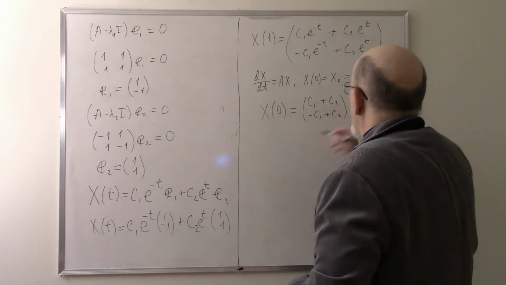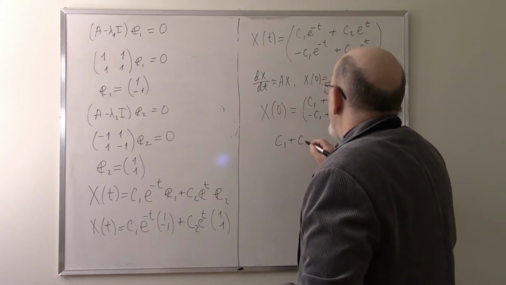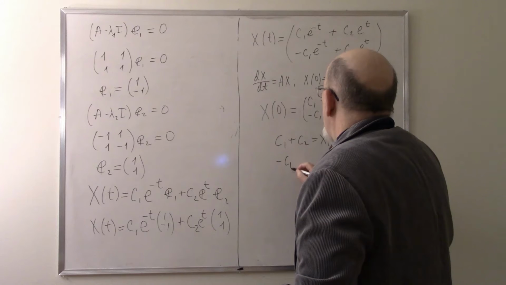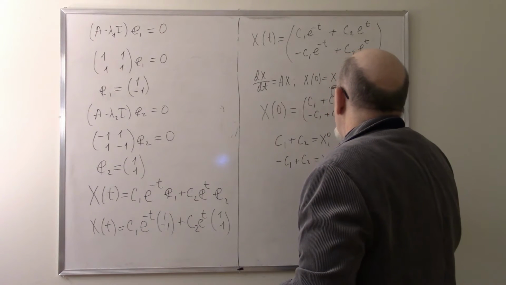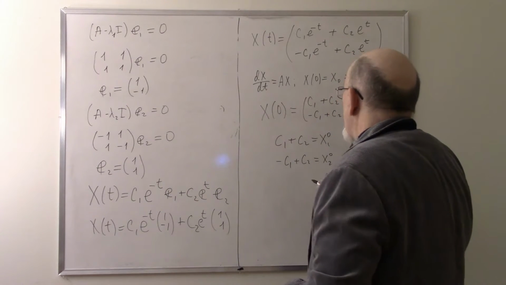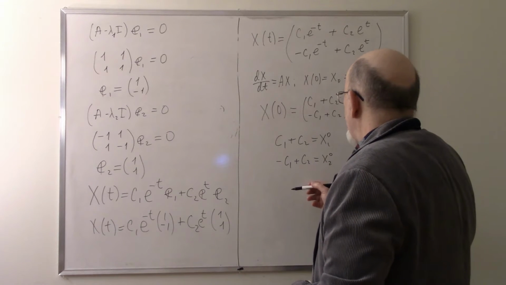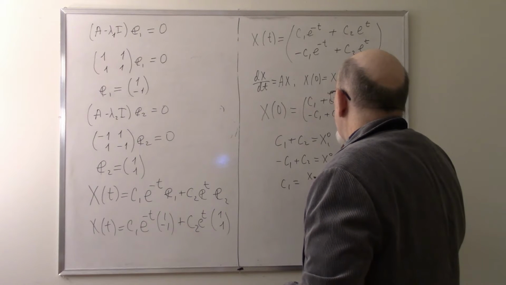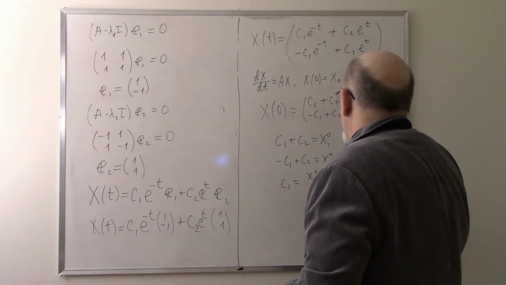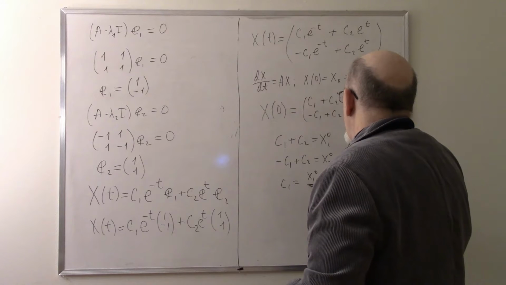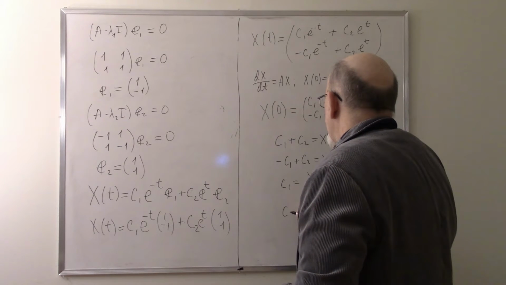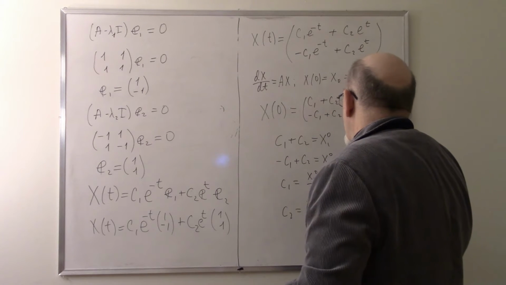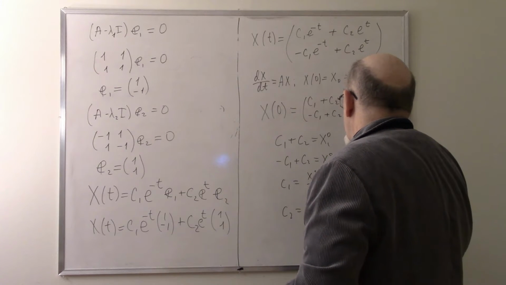c1 plus c2 equals x1,0, minus c1 plus c2 equals x2,0. If you subtract, we have c1 is x1,0 minus x2,0 over 2. c2 equals x1,0 plus x2,0 over 2.